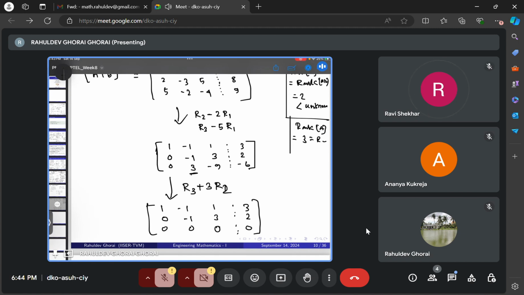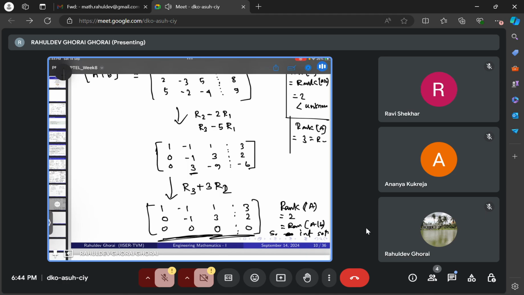Now it is in row reduced form. The rank of A is 2, and the rank of the augmented matrix A augmented b is also 2. So the system has infinitely many solutions.